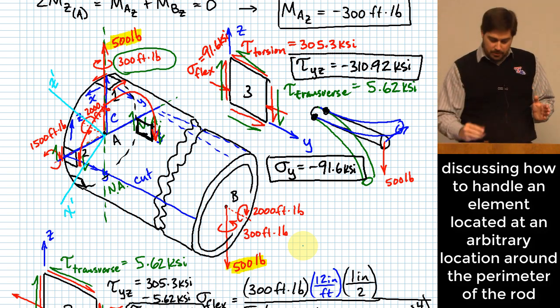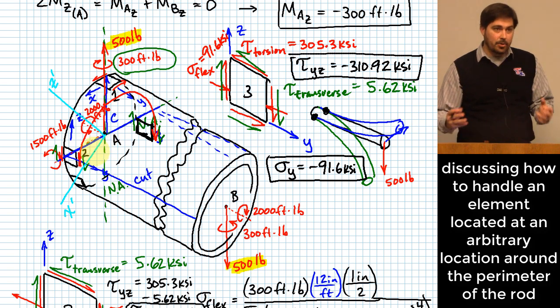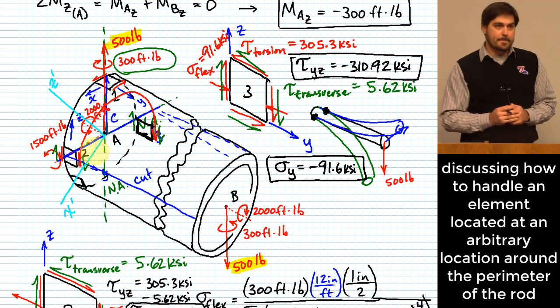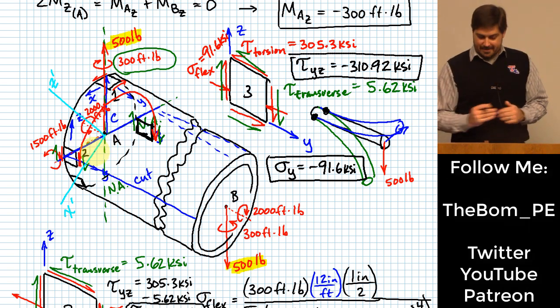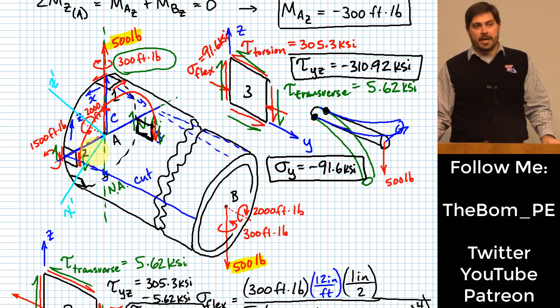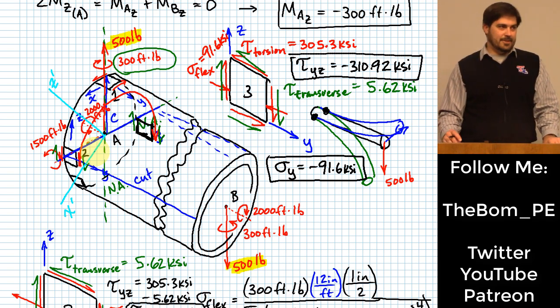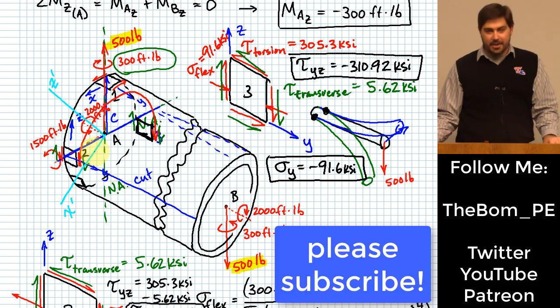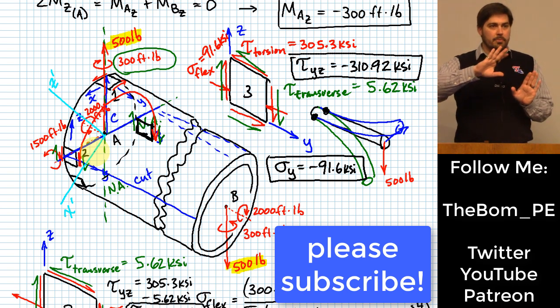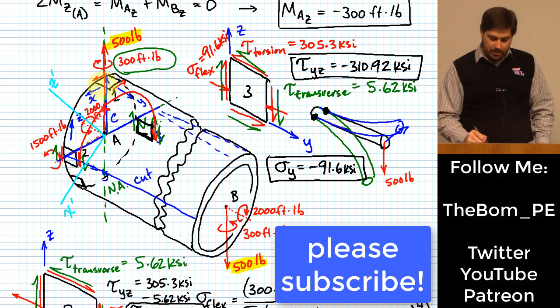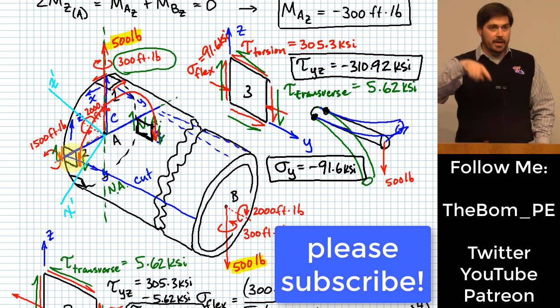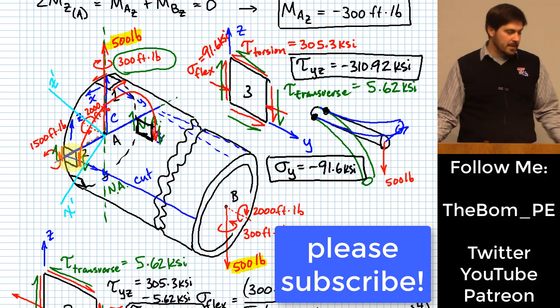Those would both contribute to a component that would be now along the x prime. Okay. I'm actually going to do an example kind of like that later. All right. So I wasn't planning on getting into all that today, but we can certainly do that kind of a problem where we rotate our coordinate system to be able to accommodate any patch that was around the circumference of the member.